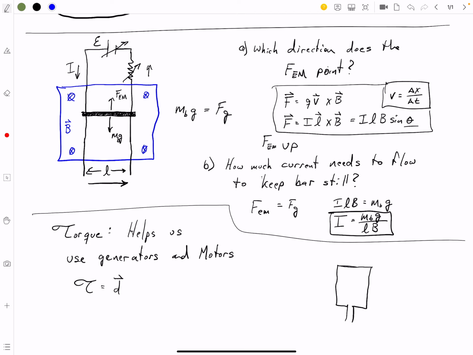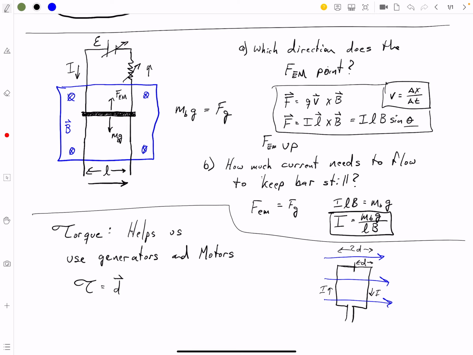We got to draw our B field. If you don't see what these things are, then it's really not going to be helpful. So there's d. The whole thing is 2d from one side to the other. And we're sending current in one side, and it's coming out the other.